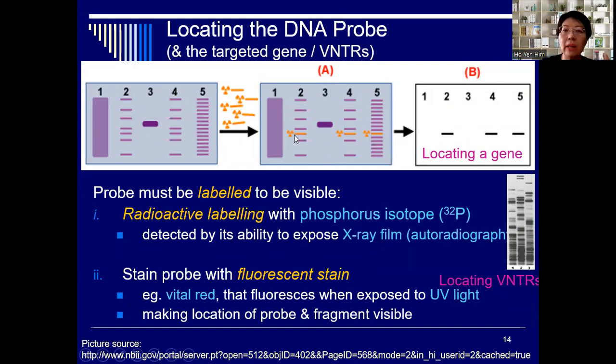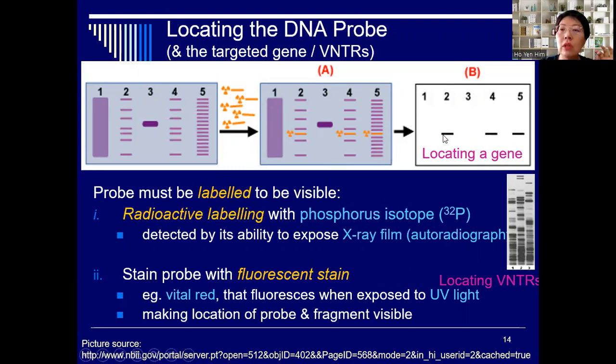After it binds to the relevant DNA fragment here, because it's complementary base pairing with it, we will do autoradiography. That means we'll put an X-ray film onto it so that the radioactivity will expose the X-ray film. Then after that, the X-ray film will only show these 3 bands and nothing else. So this is how we use the DNA probe to locate a certain DNA fragment.